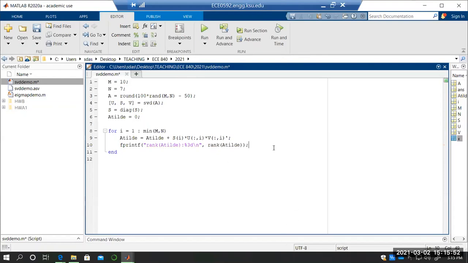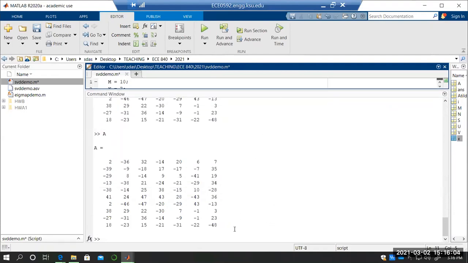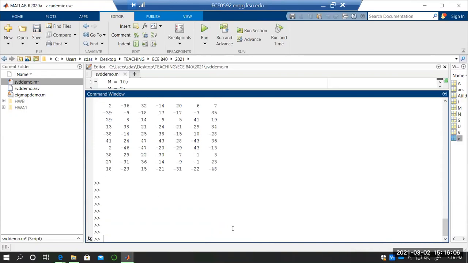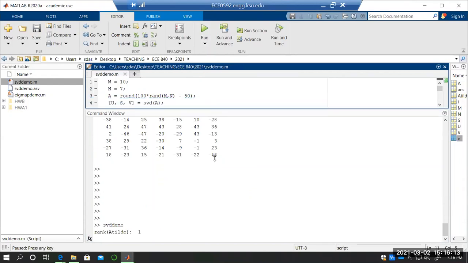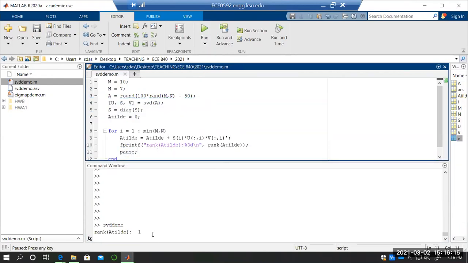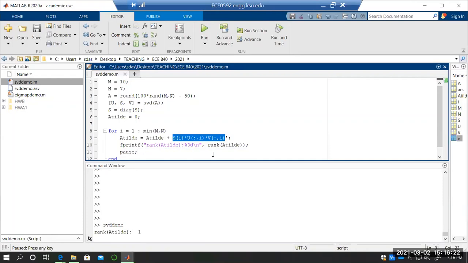Now let me run it. What's rank of A tilde? This is the first iteration of the loop. Rank is 1, right? Because I just added one rank 1 matrix.